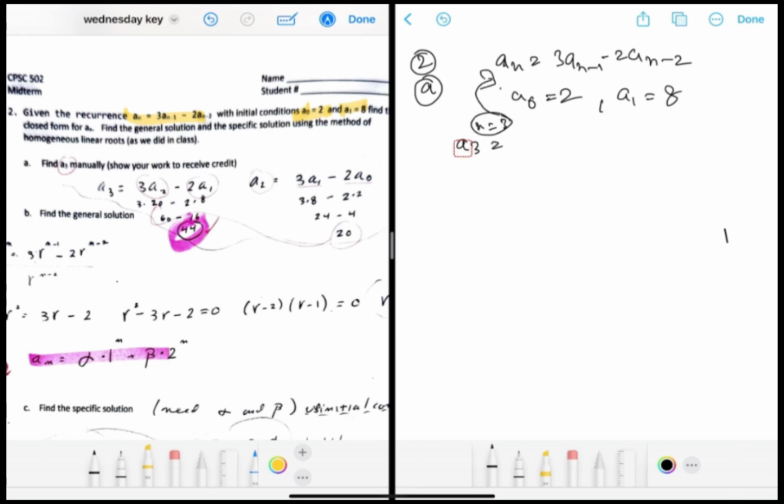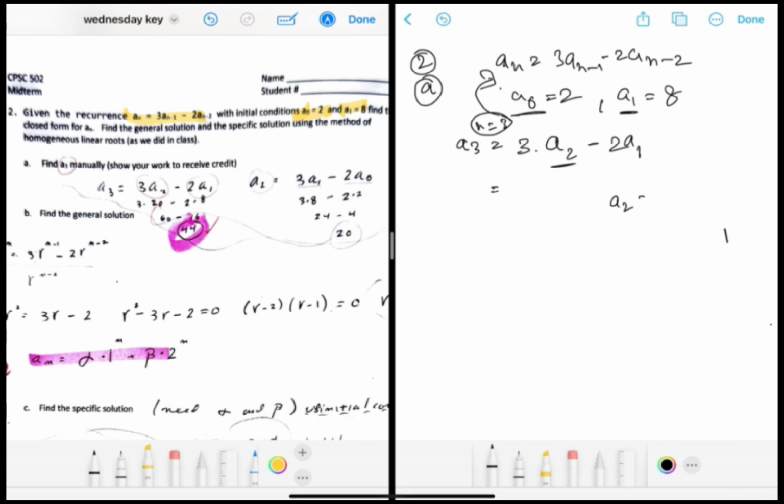So 3 times a n minus 1, which is 3 minus 1, 2, minus 2 times a n minus 2, which is 3 minus 2, that is 1, A1. We don't know A2 yet, but we have A0 and A1.